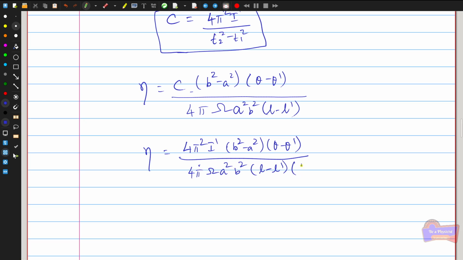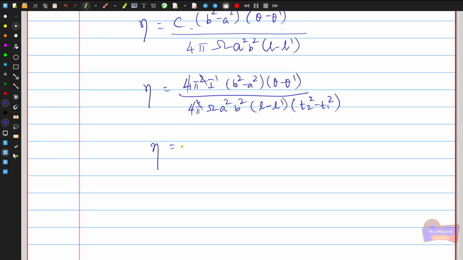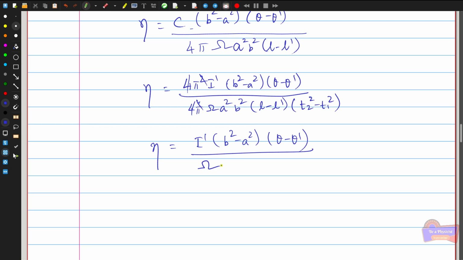Along with T2 squared minus T1 squared, the 4 and pi get cancelled. So finally the expression of eta can be written as I prime (B squared minus A squared)(theta minus theta prime) the whole divided by omega A squared B squared (L minus L prime) and (T2 squared minus T1 squared).